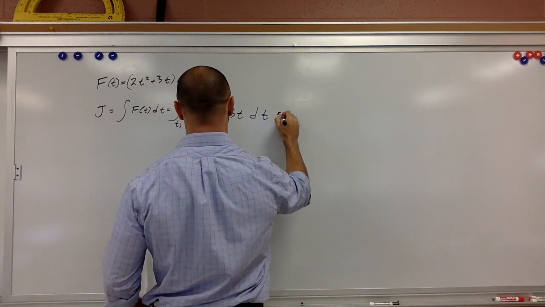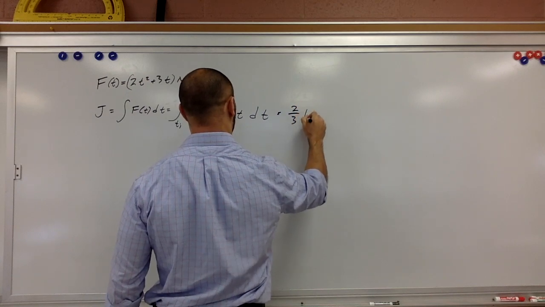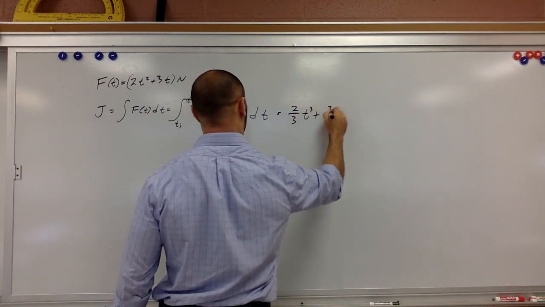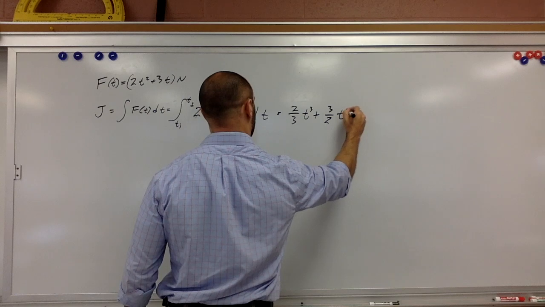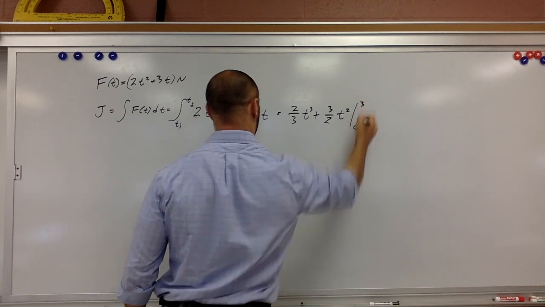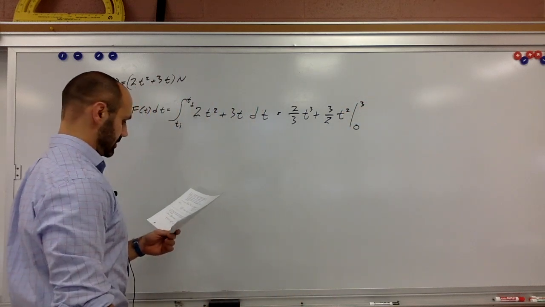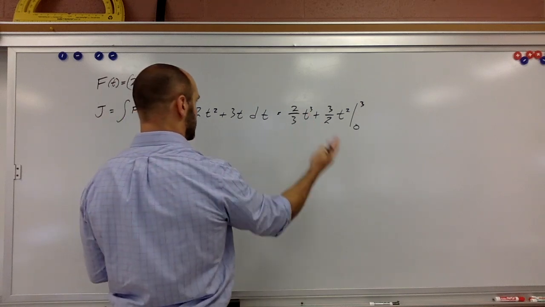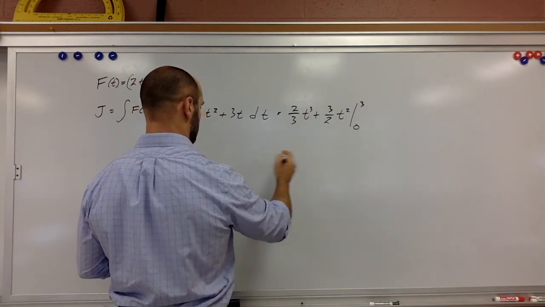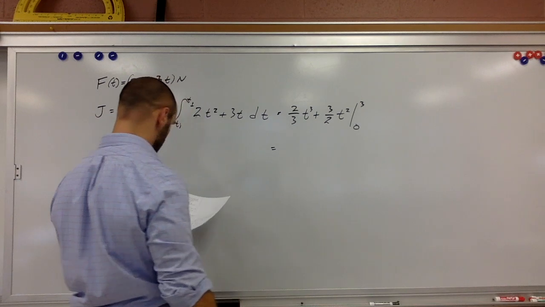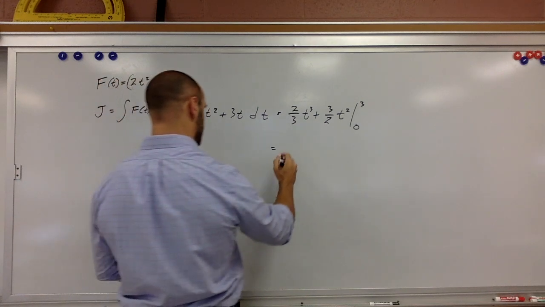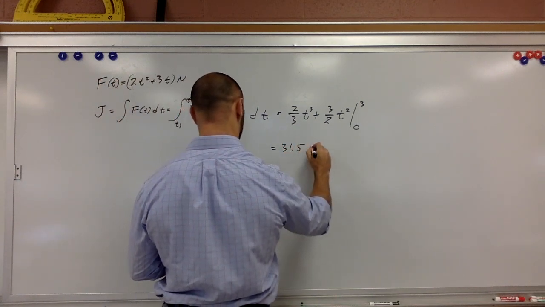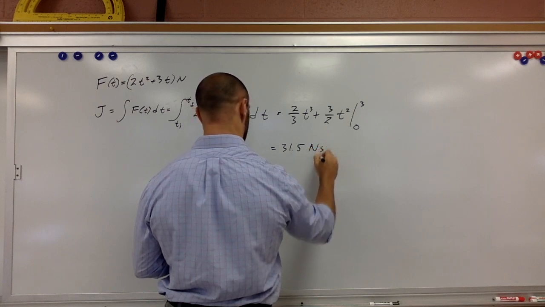So this is going to be 2 over 3 t cubed plus 3 over 2 t squared from 0 to 3 seconds, which is the time that's given to us. So we plug these numbers in, and when you plug the numbers in, you should get about 31.5 Newton seconds.